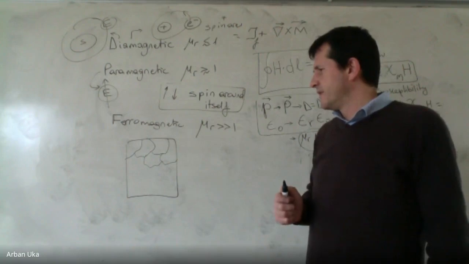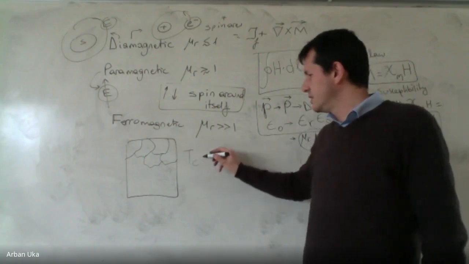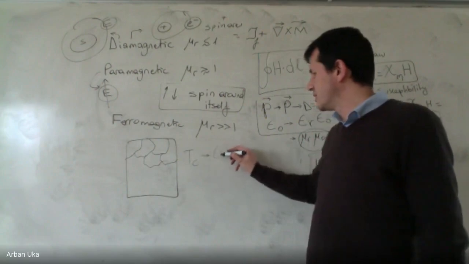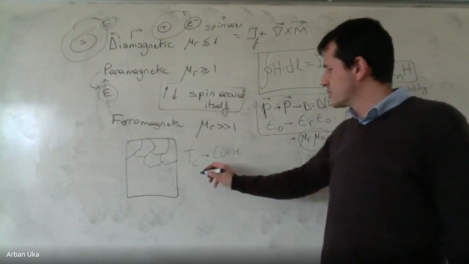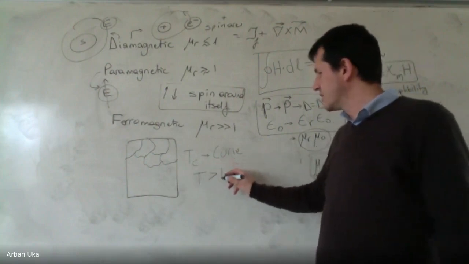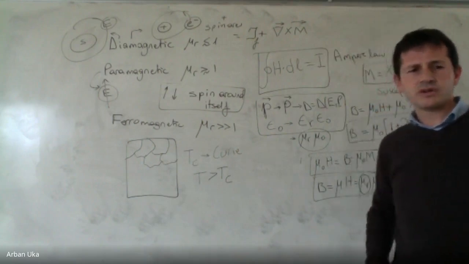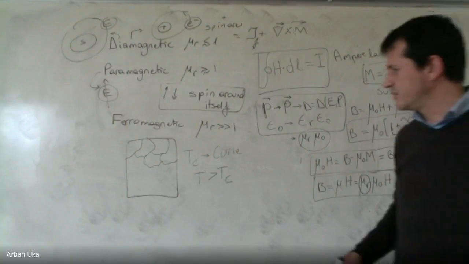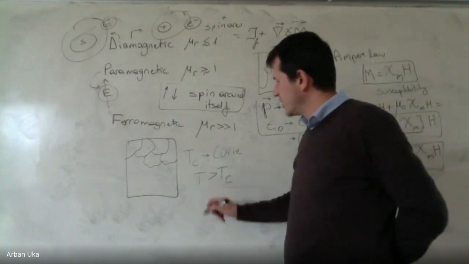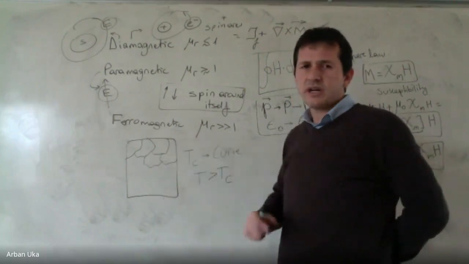But what can happen is that there is a critical temperature, which is the Curie temperature, above which, so if temperature is larger than this critical temperature, then we don't have a magnet anymore. The properties are damaged, or the temperature is so high that the magnetic moments are randomized.